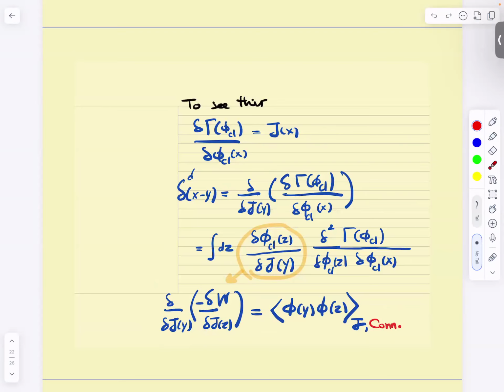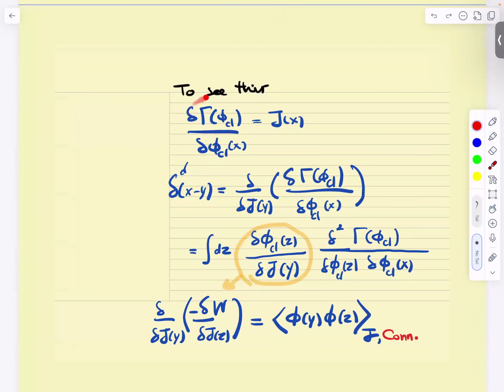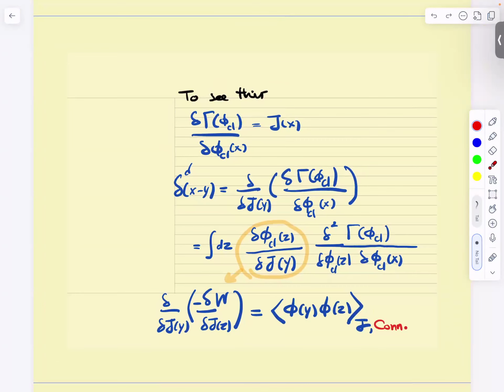All right. So now I'm going to set the stage for the calculation of why the effective action is the generating functional for the 1PI diagrams. What is the derivative of the effective action with respect to phi classical? It is J of x. Good. That means that if you take a derivative with respect to J of y of both sides, you get the Dirac delta function equals this.